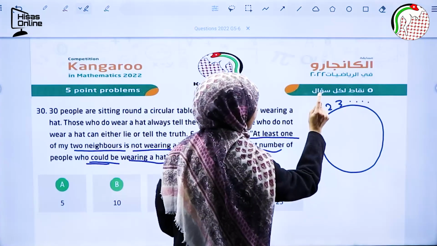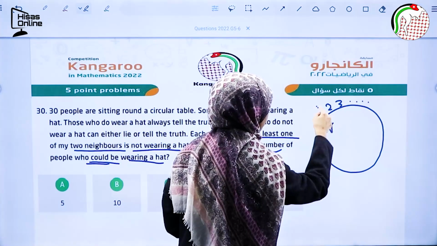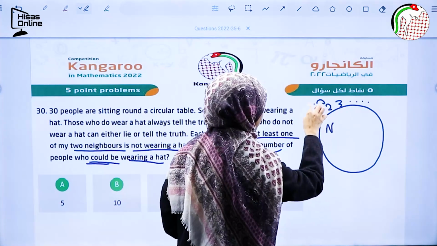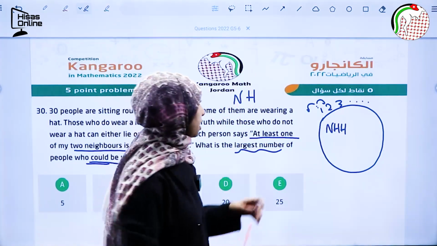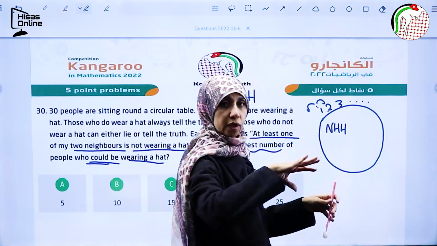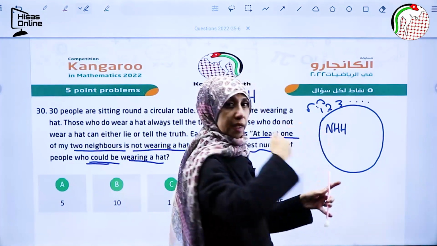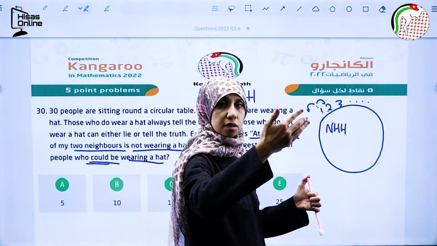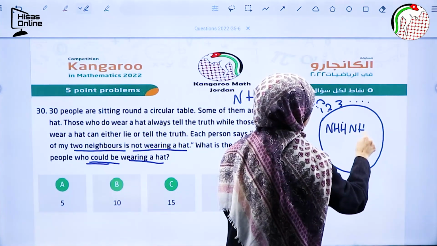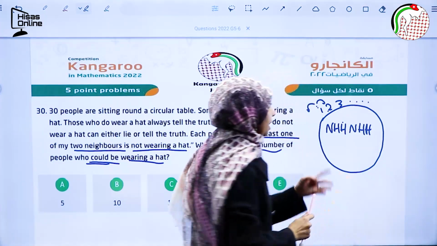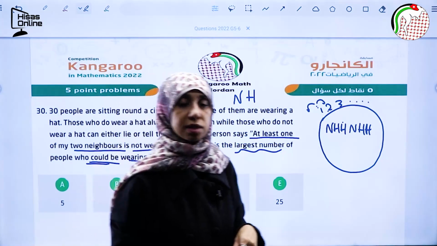That means not wearing, so wearing and wearing, so NHH. And the next one, wearing, he said at least one is not wearing, so this one is wearing, so not wearing, wearing, and wearing. Each one of those 30 people said the same.